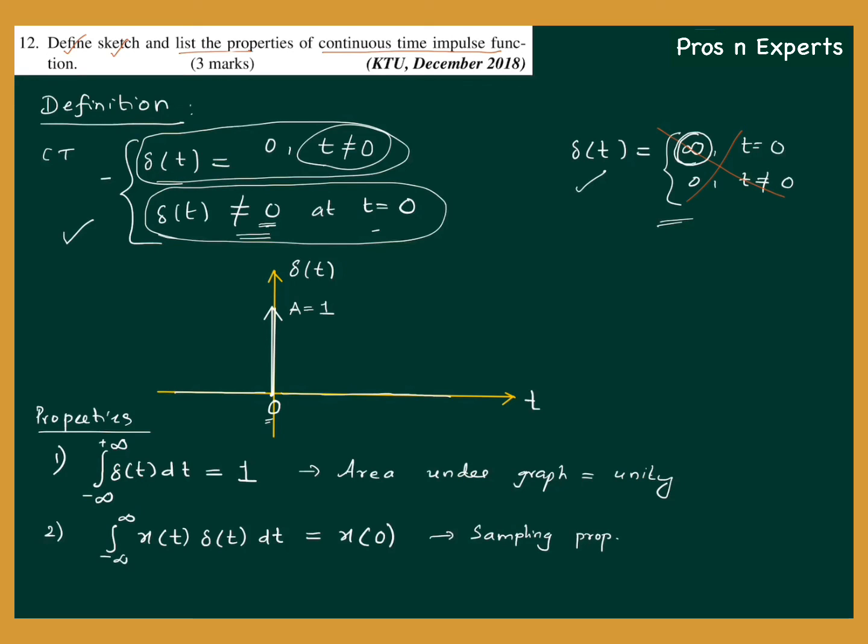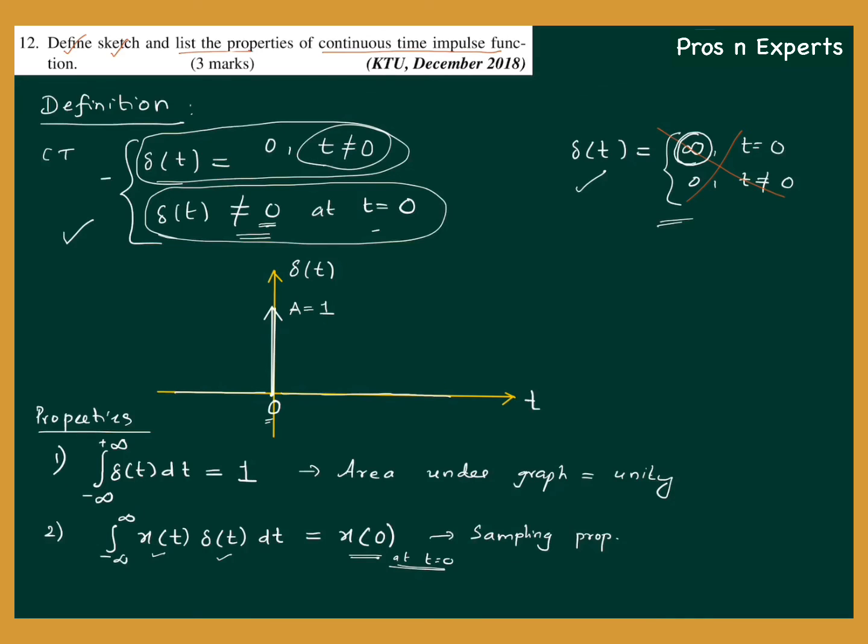When you multiply a signal with del of t and integrate, the answer is not a signal. You have to take care of that. x of 0 is never a signal. It is just a scalar value, the constant amplitude of x of t at t equal to 0.